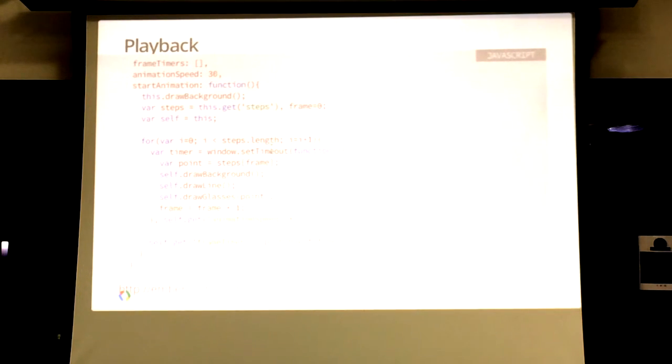The way that works is just a for loop, and it's going to use the animation speed, which I set to 30, so 30 milliseconds. I'm going to essentially play back what the user did every 30 milliseconds. So it's going to draw the background, draw the line at that point, and draw the glasses.